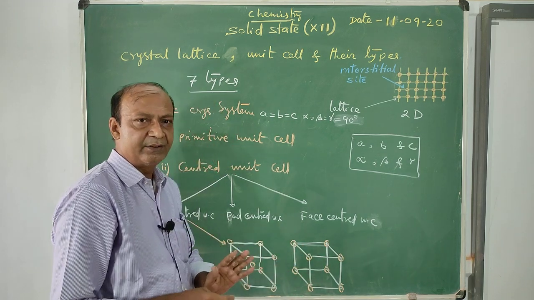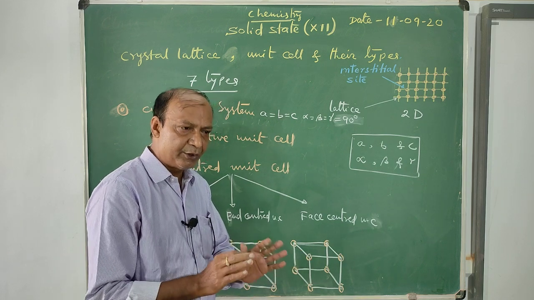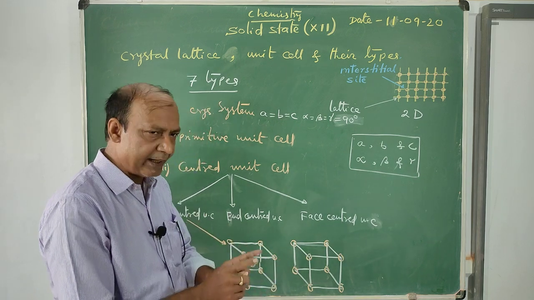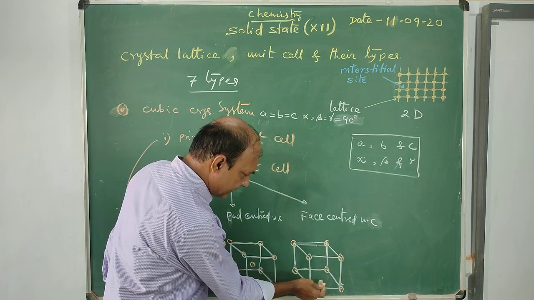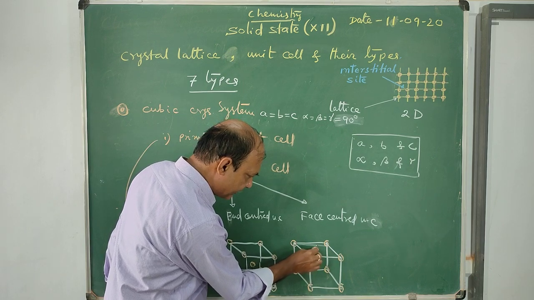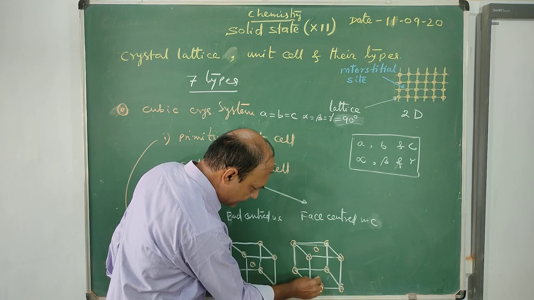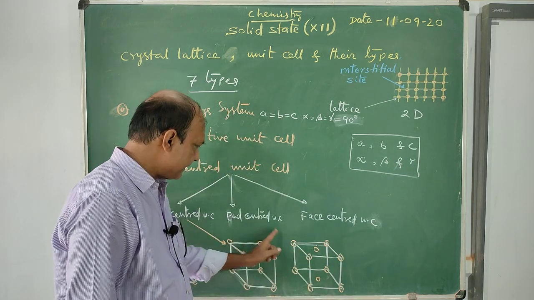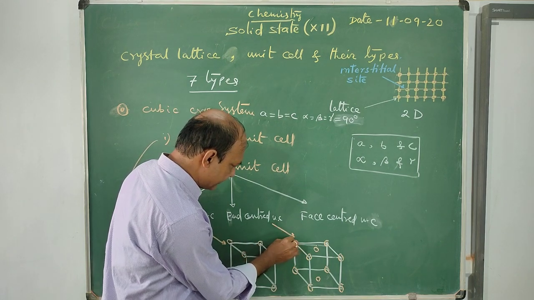You know a cube has total 1, 2, 3, 4, 5, 6 faces. So you just choose a pair of any two opposite faces. So it's a face and its opposite face is this one. Just place a particle at the center of the face and the center of the opposite face. This one is end centered unit cell.